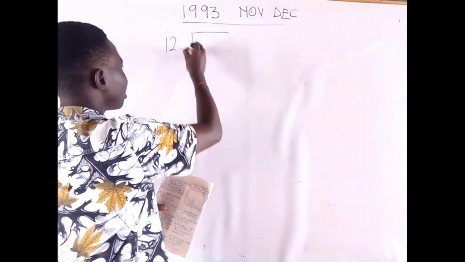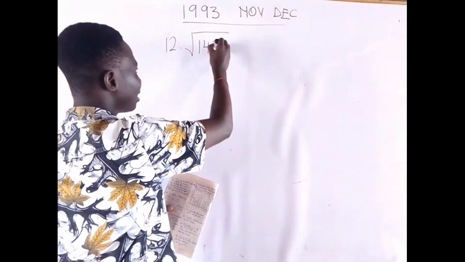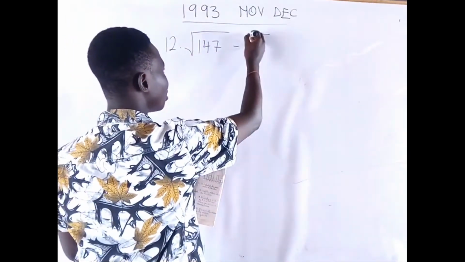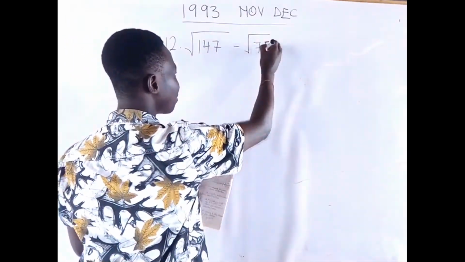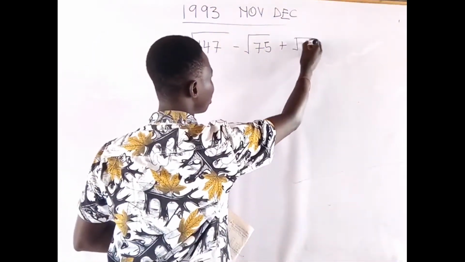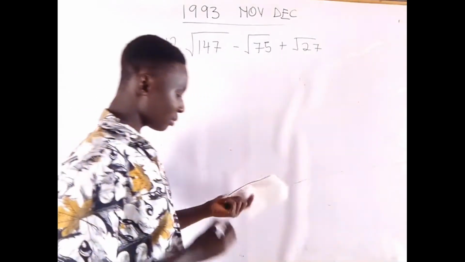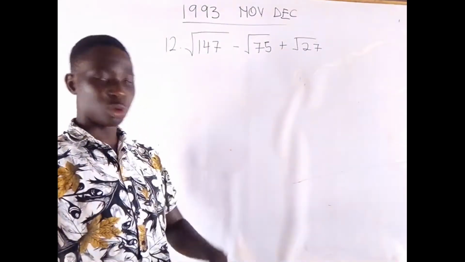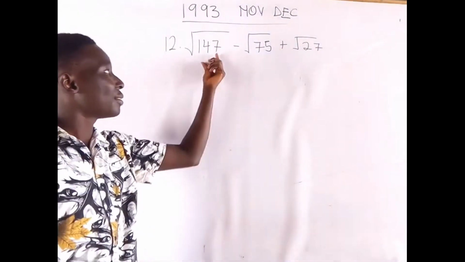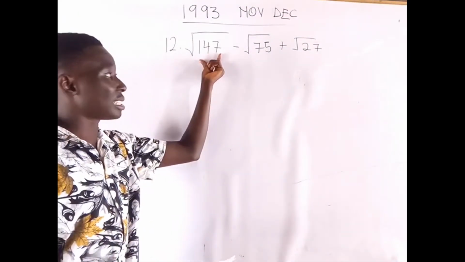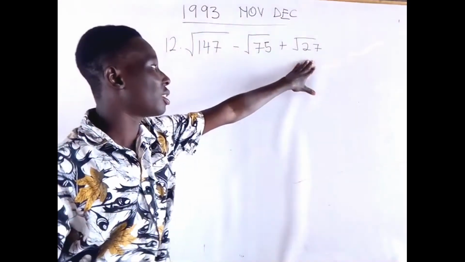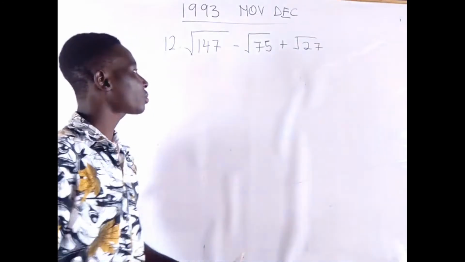Root 147 minus root 75 plus root 27. So with this question, we are going to look out for a perfect square times any number that is going to give us 147. And we do the same for 75 and then the same for 27 too.